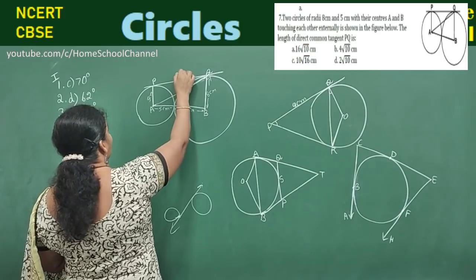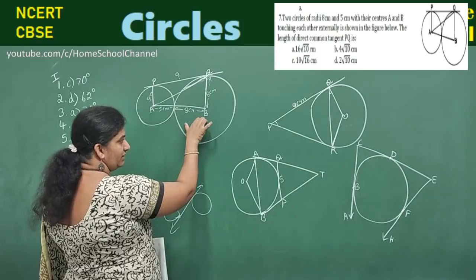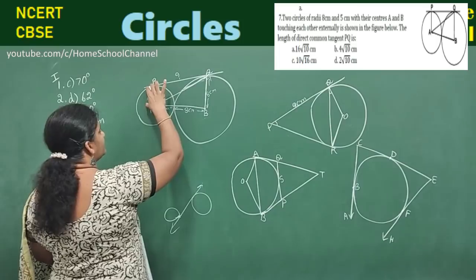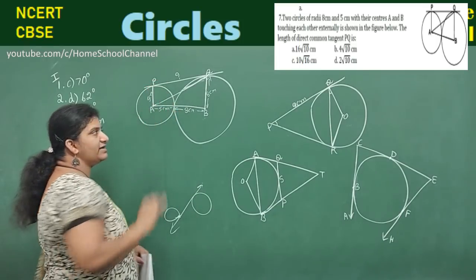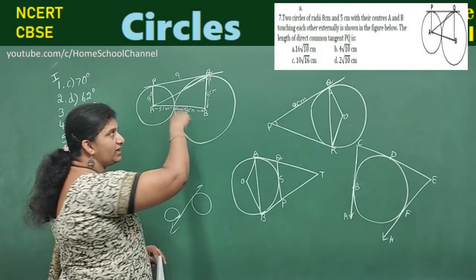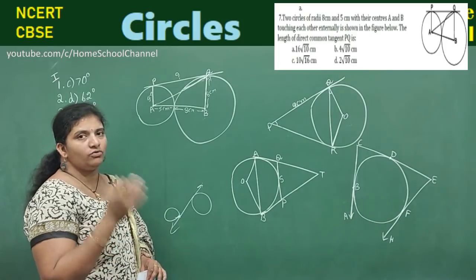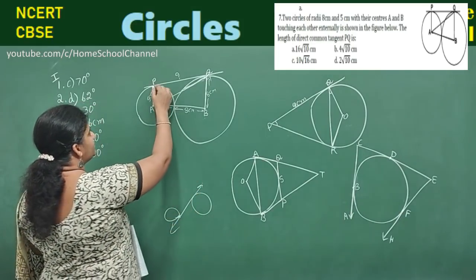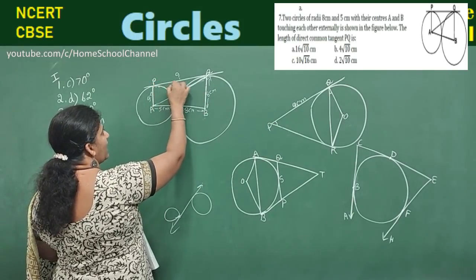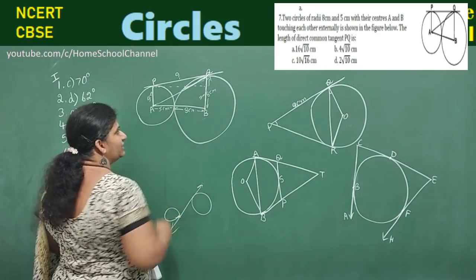We need to find the length of PQ. This circle's radius is 8 cm, this is 8 and this is also radius 8 cm. This is 5 cm and this is also 5 cm. They have given a line. Using this line we can find the length of PQ. Or I may go with another method. See, this is 5 centimeters. Here I join 5 centimeters.